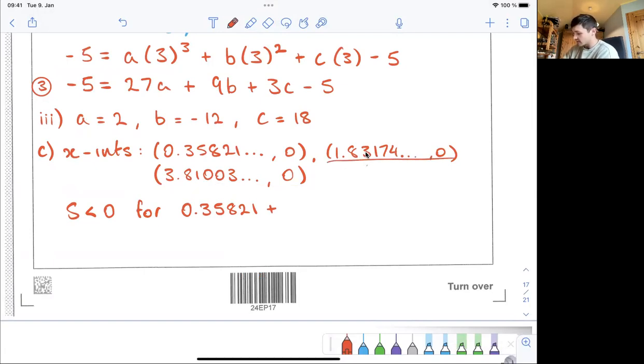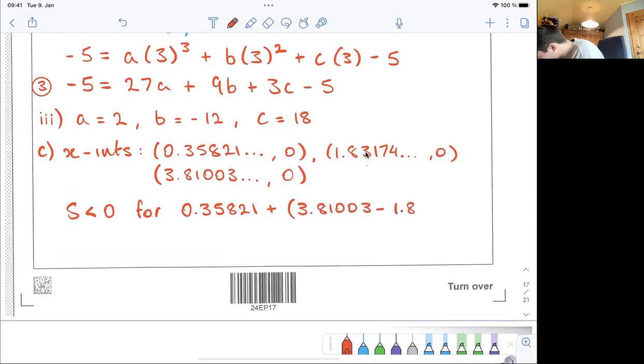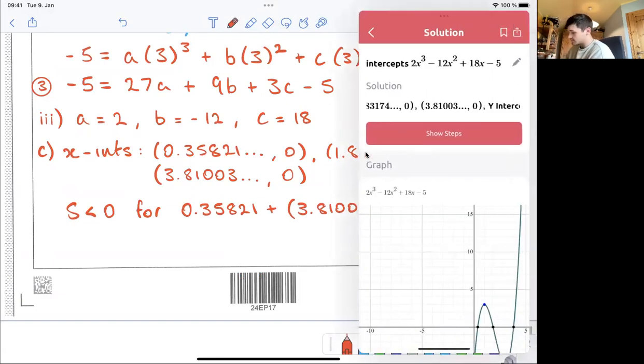The way we can find that out is go brackets 3.81003 subtract 1.83174.